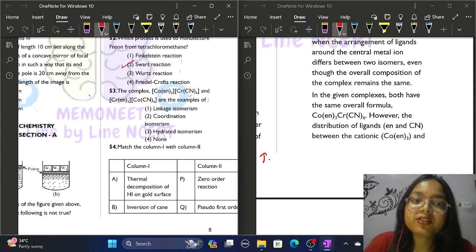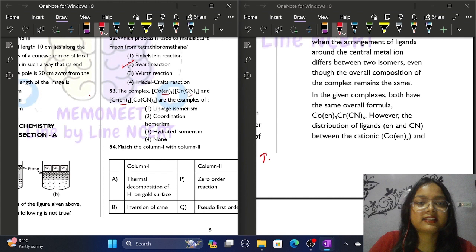Only the arrangement of ligands is different in these two. For Co, three en ligands are attached, and for chromium, 6 CN ligands are attached. Then for chromium in the next, 3 en ligands are attached, and for cobalt 6 CN ligands are attached.